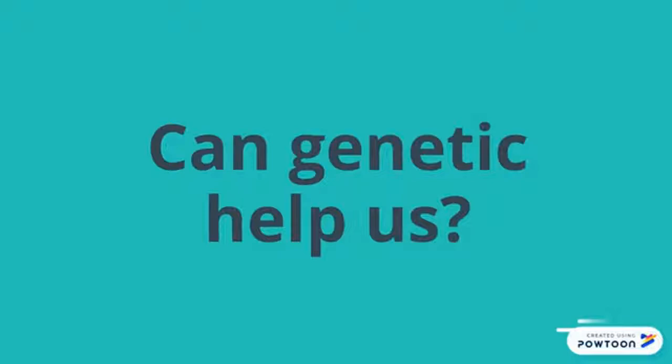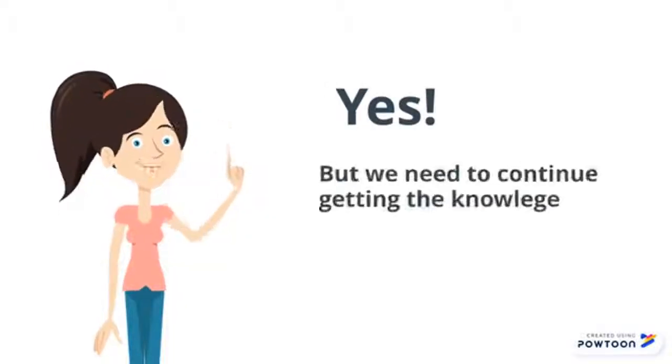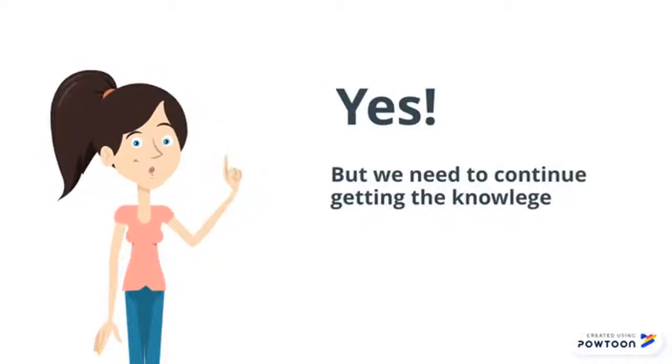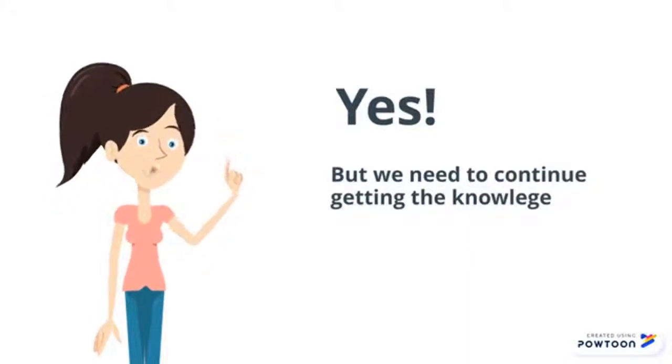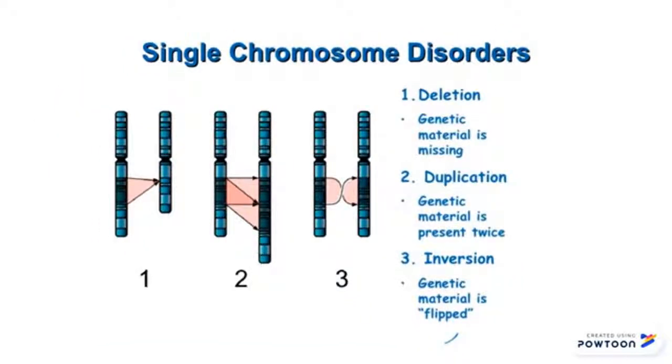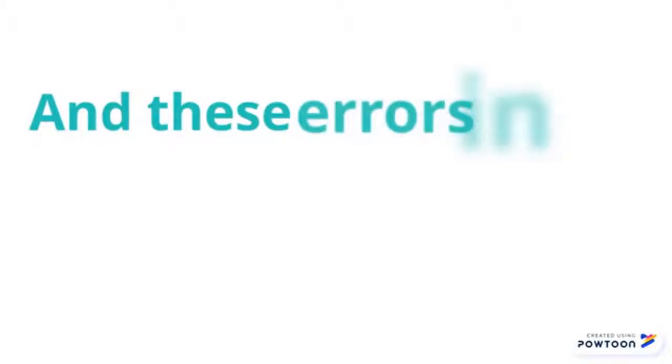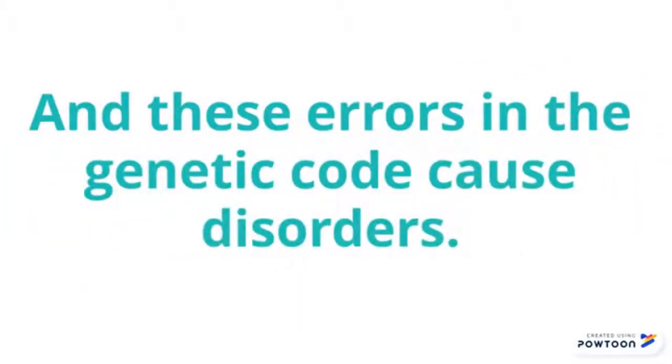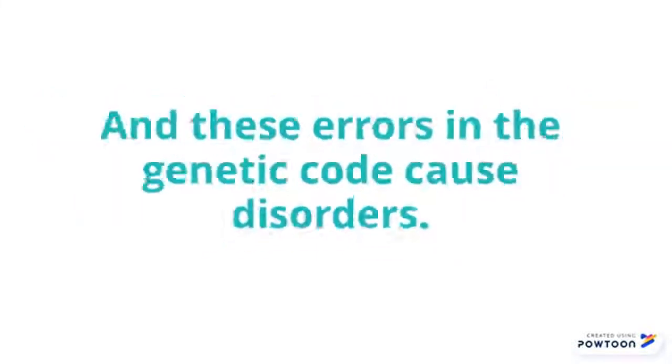It certainly can. But first, we need to continue gaining knowledge and understanding that there are several ways that the genetic code can be altered. Sometimes genes are deleted or in the wrong place on a chromosome. Some pieces of genes are swapped between chromosomes. As a result, the gene may not work or may turn on in the wrong part of the body.